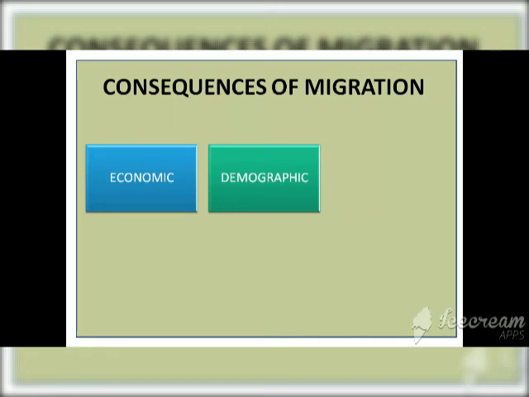There is a high number of migration from Uttarakhand, Rajasthan, MP, and Eastern Maharashtra, and this really brings an imbalance in the age and sex composition in all these states.